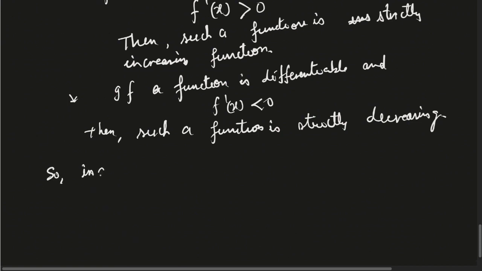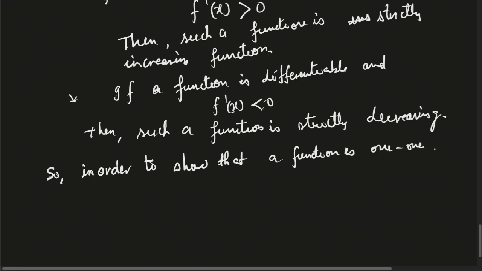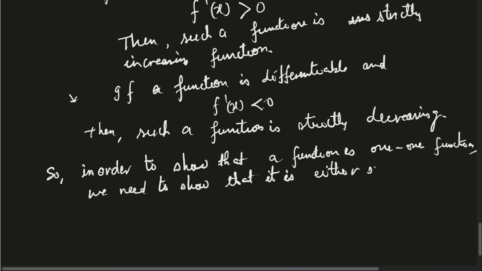So in order to show that a function is a 1-1 function, we need to show that it is either strictly increasing or strictly decreasing.